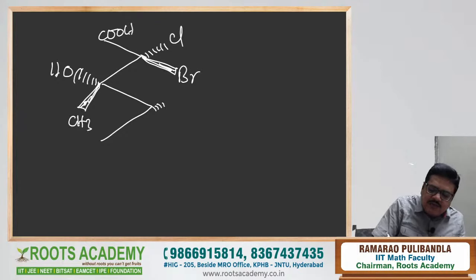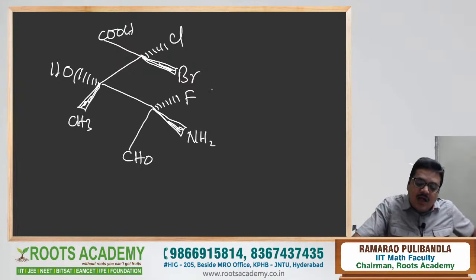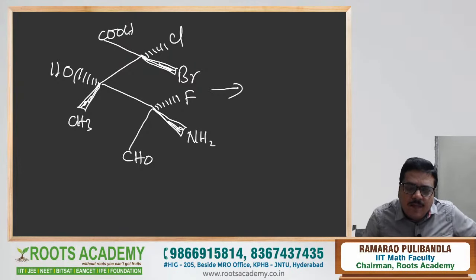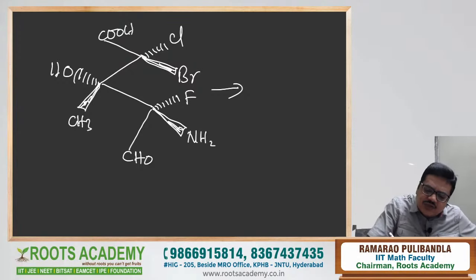And another compound here attached by fluorine. It is again attached by NH2 group. Now this is connected by CHO. How to convert this compound into two-dimensional? Right, understood?